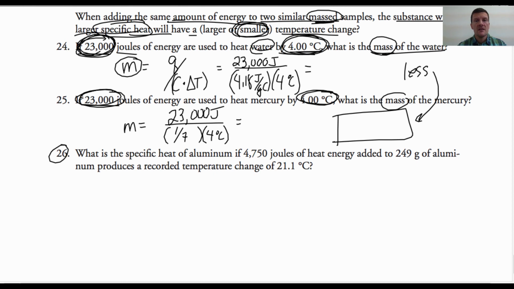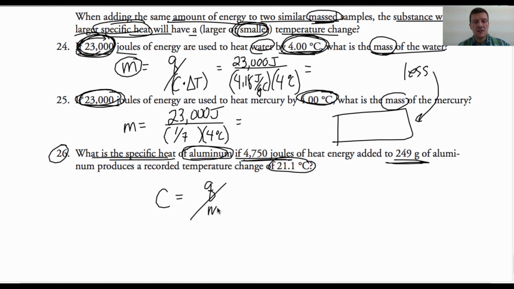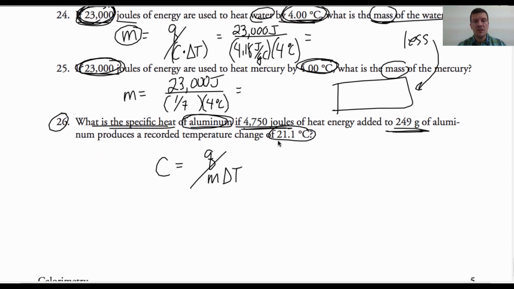All right, let's look here. Here we have specific heat of aluminum. Okay, we have a different substance now, and we are told the heat, the mass of that aluminum, and the temperature change. So again, we're just going to find our specific heat by solving our equation for C and plugging in.